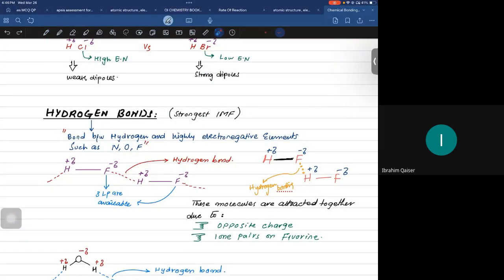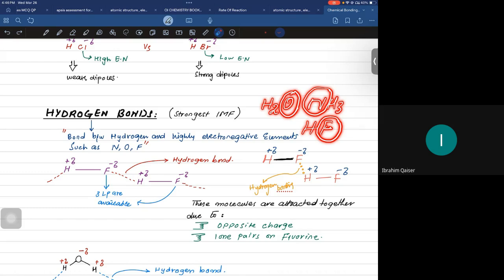Sir, can you repeat what you just said? Hydrogen bond is present in water, in ammonia, or in HF. Basically, I'm targeting these three elements, 1, 2, and then 3. If you can see them in any of the compounds, then there would be hydrogen bonding.